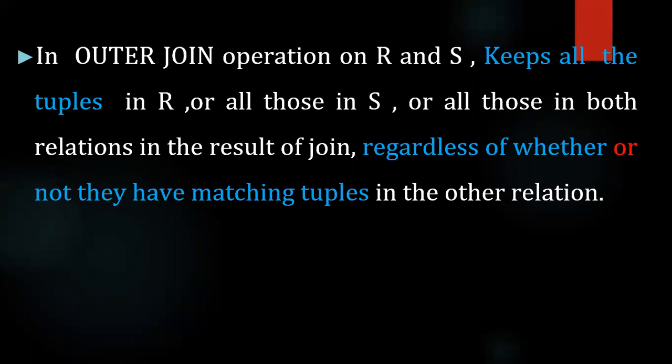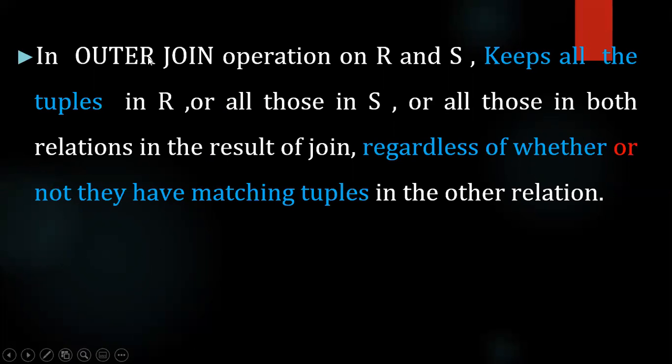So outer join will keep all the tuples regardless of whether or not they have matching tuples in the other relation. When I apply an outer join operation on two relations R and S, the result will contain tuples from relation R, from relation S, or from both, regardless of whether they have matching tuples or not. This is outer join.